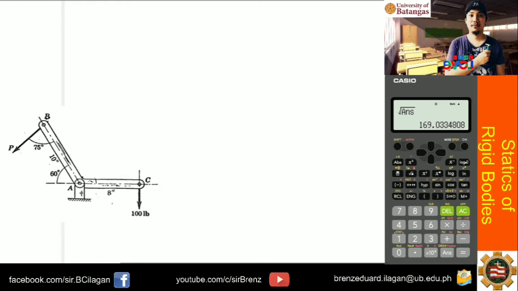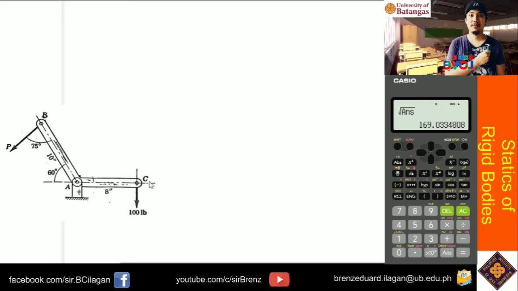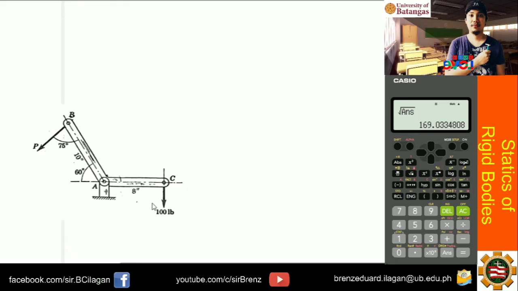Okay, so ang mangyayari kasi guys dito, wala ka siya. So ipod ko lang ng kaunti. Okay, so balik tayo. So ang gagawin natin guys, hahanapin natin kung saan siyang point mag-intersect. So, ito kasi pag in-extend mo or kinuha mo yung line of action ng force na yan, they will meet at a common point dito.